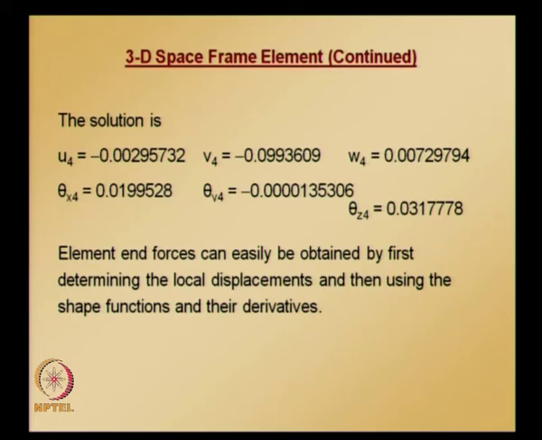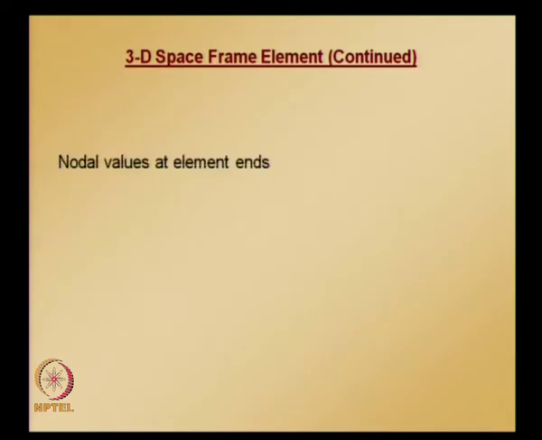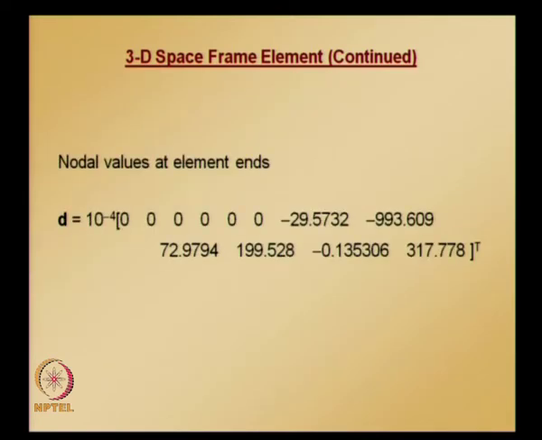The nodal values for each of these elements in the local coordinate system are obtained from the nodal values at the element ends, using the transformation matrix and the global displacements.